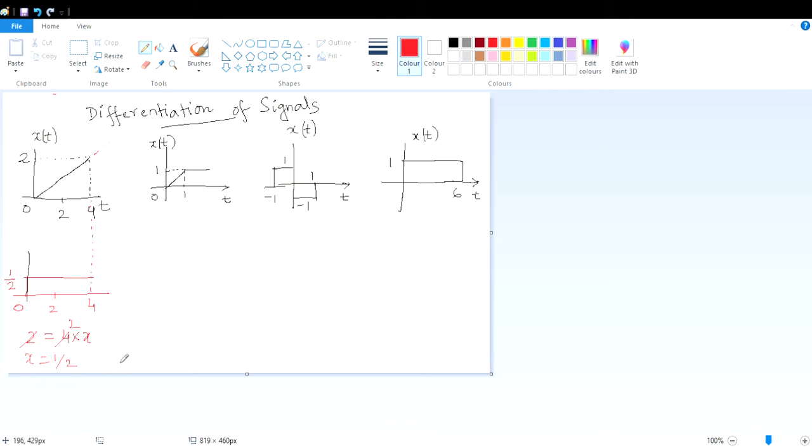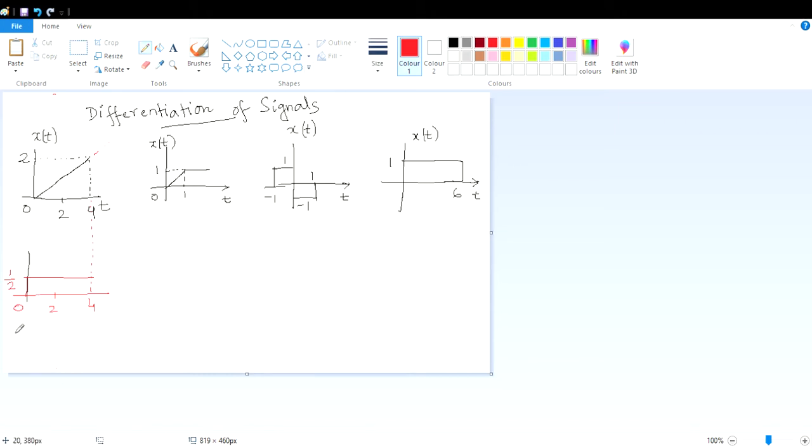There is another formula that you can use. You can also remember the key factor that I am writing here. That is basically the slope of the ramp. The slope of the ramp gives you the height of the step. So you can remember this formula also.